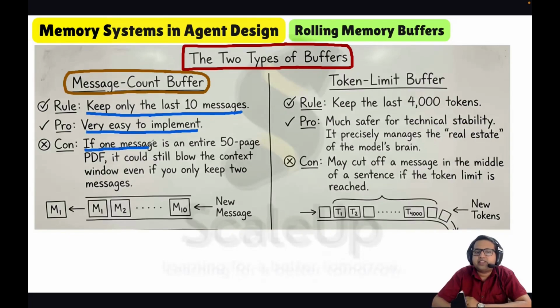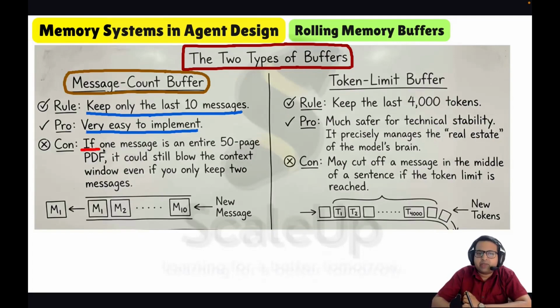Now we will discuss the cons of it, the disadvantage of the message count buffer. See, the message count buffer is just keeping track of the number of messages and not the size of the message. Just imagine I have one very, very big message.